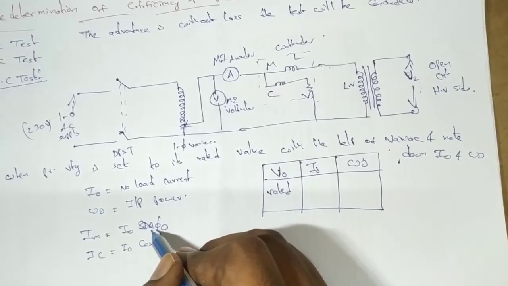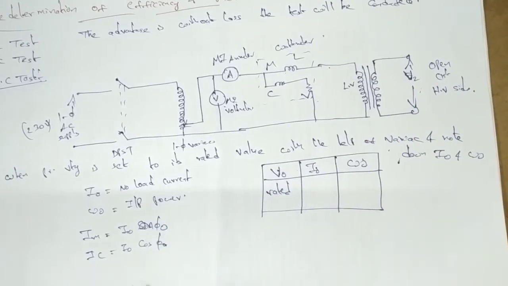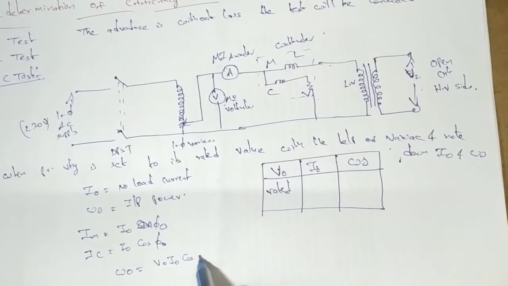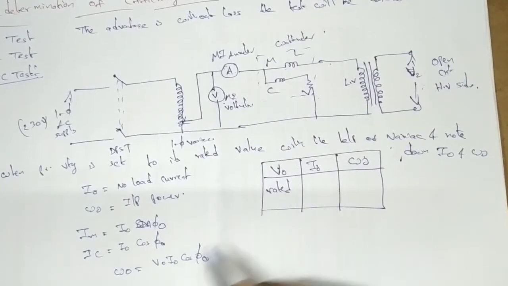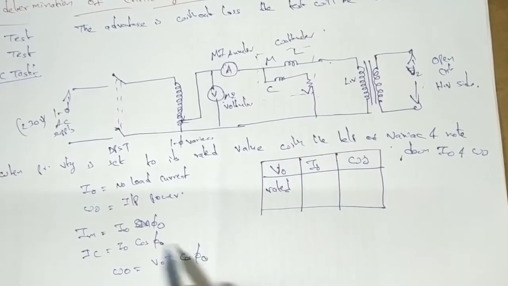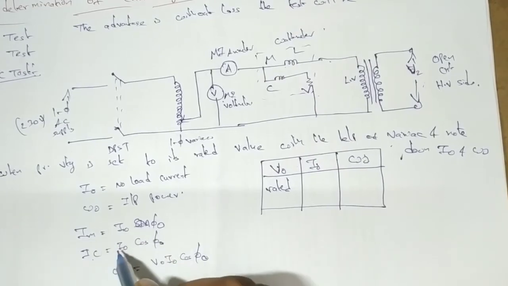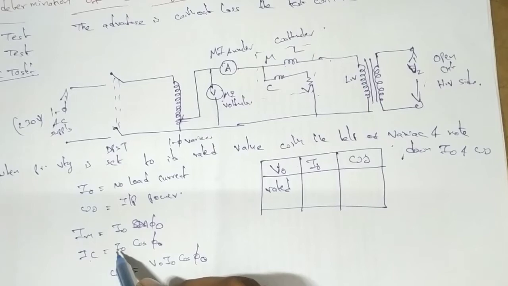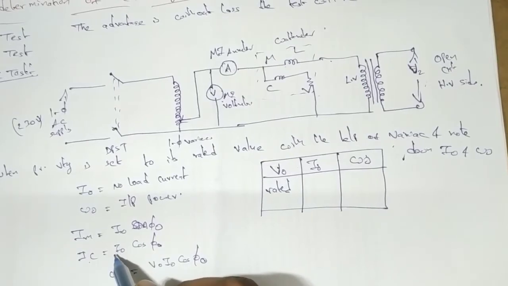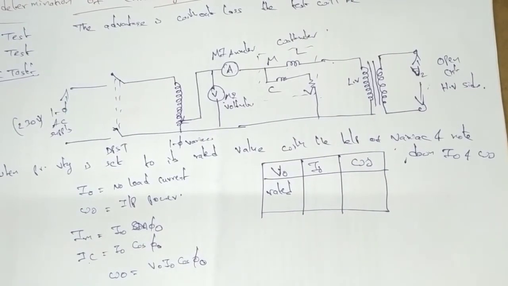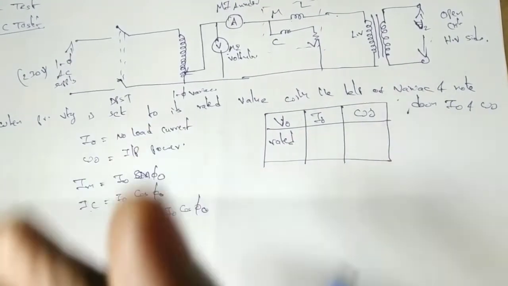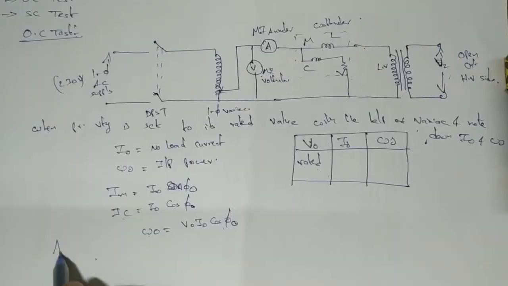Next, the wattmeter reading W0 is given by V0 I0 cos phi. So these are the three formulas we must know for the OC test. In these formulas, I0 is the ammeter value, W0 is the wattmeter value, and V0 is the voltmeter value from the given tabular form.